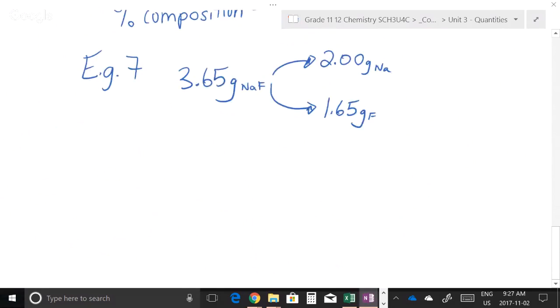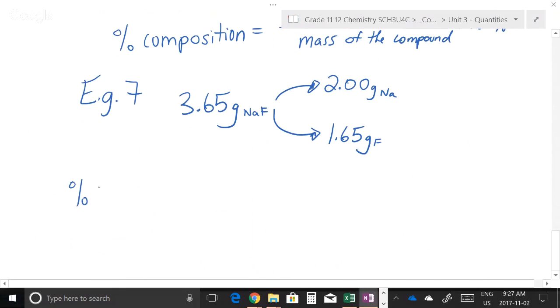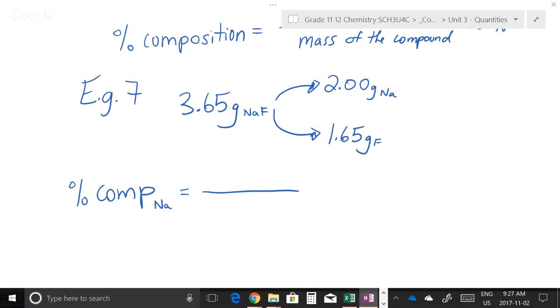Sure. So all we have to do is say the percent composition, and I'm just going to stop at comp because I'm lazy. Because I'm a lady. And ladies always use short forms. No. Listen. It's the 90s, kids. Ladies can write as many or as few letters of the word as they want. Don't let anyone tell you otherwise.